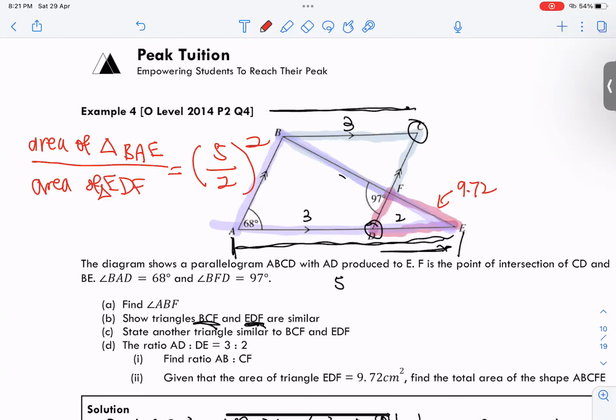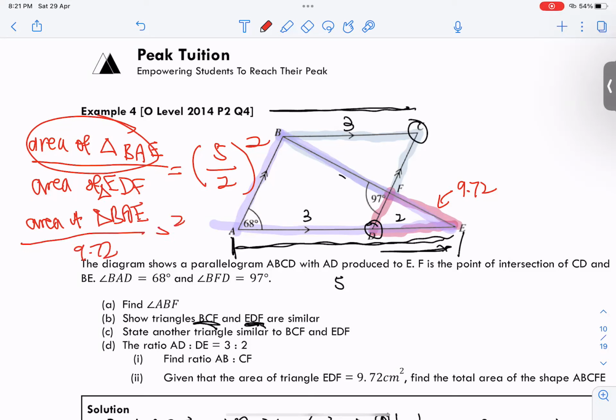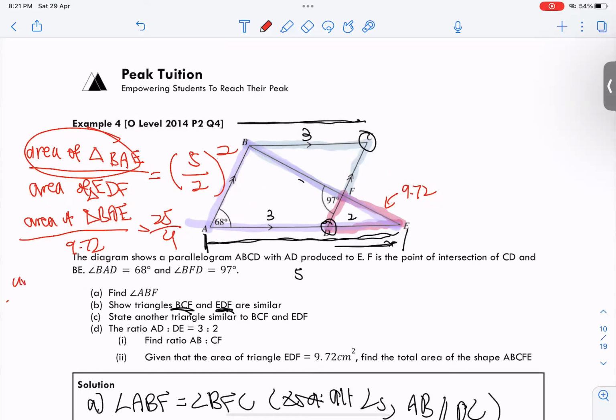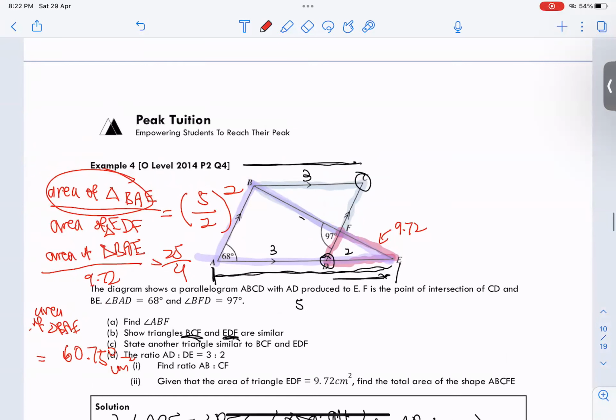So we know that this area of triangle BAE over 9.72 equals 25/4. Then the area will be 60.75 cm squared.